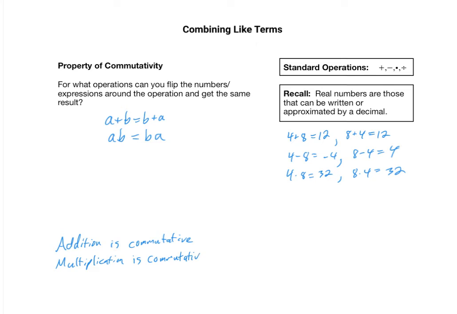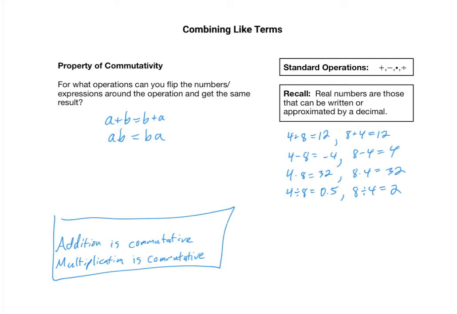Let's check to see if division is commutative. We got 4 divided by 8 is 0.5, and 8 divided by 4 is 2. So as you can see, the order in which we do the division gives us a different result. So division is not a commutative operation. So we have 2 commutative operations in our real number system. They are addition and multiplication.